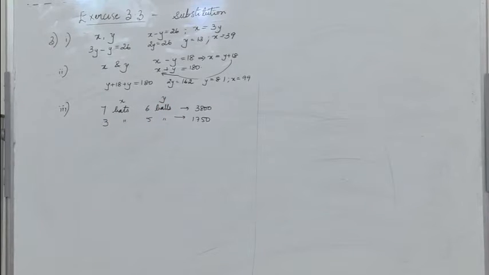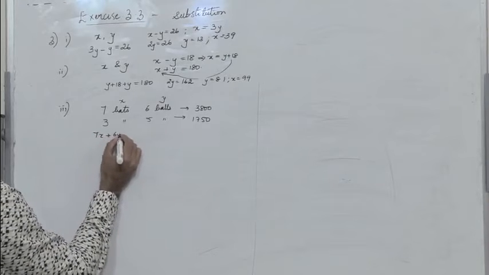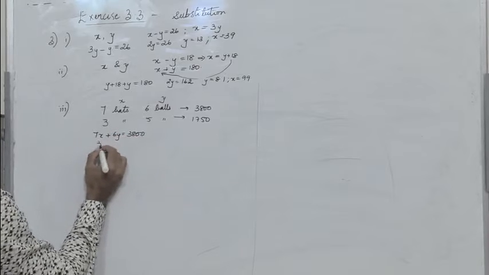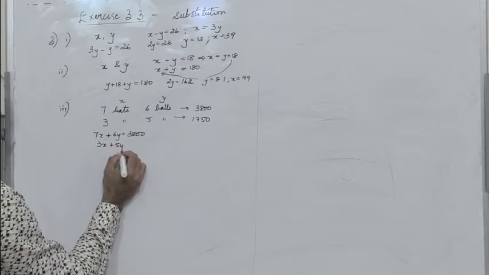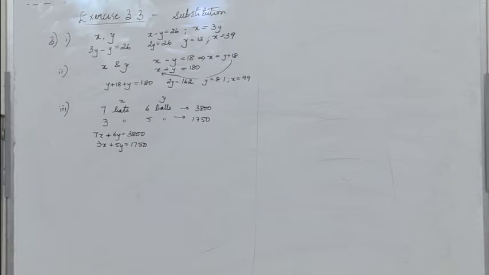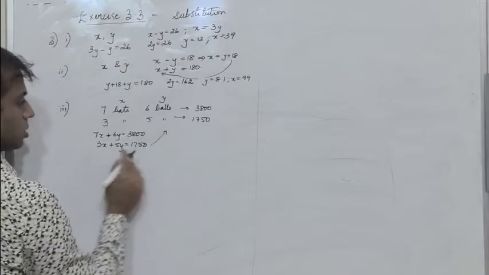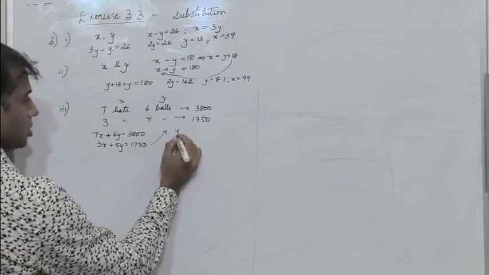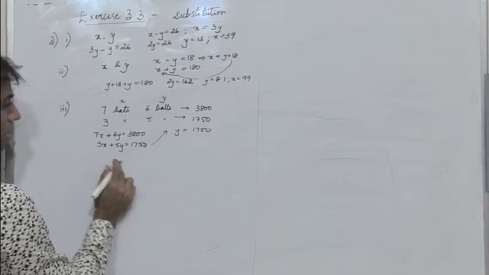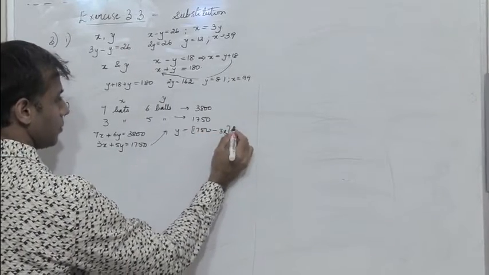So we need to find x and y here. So 7x plus 6y equals 3800, and we have 3x plus 5y equals 1750. Right? So here from this equation, let me try to find what is y here. So what is y? Y is 1750, let me bring 3x to RHS, minus 3x divided by 5.